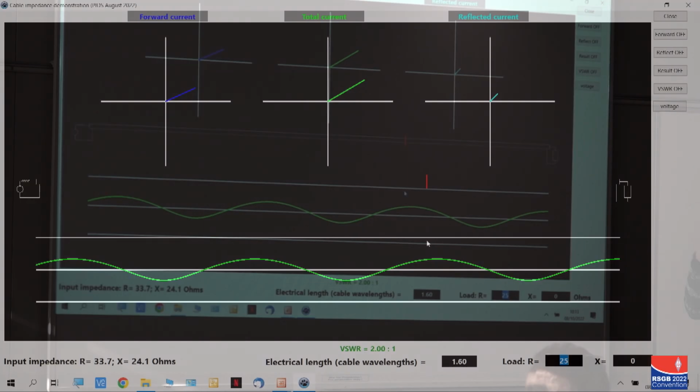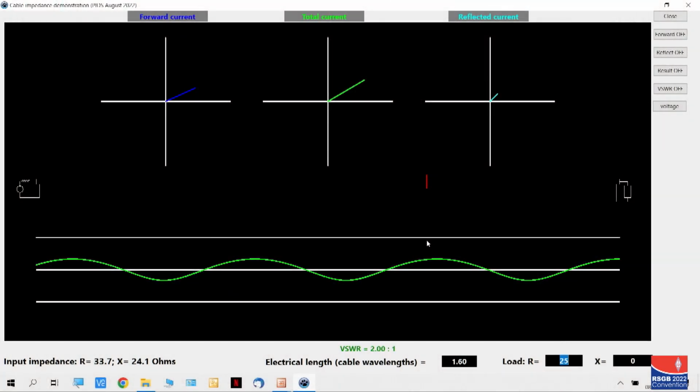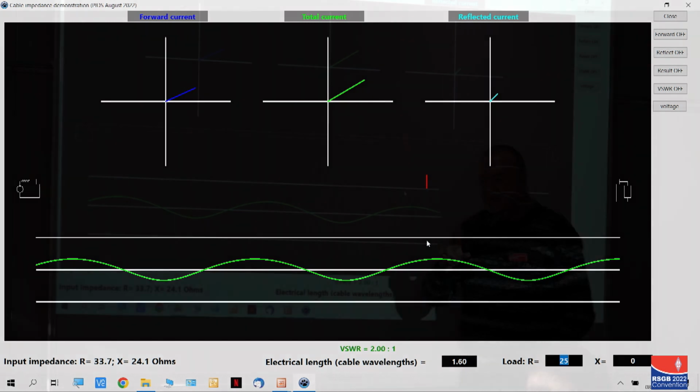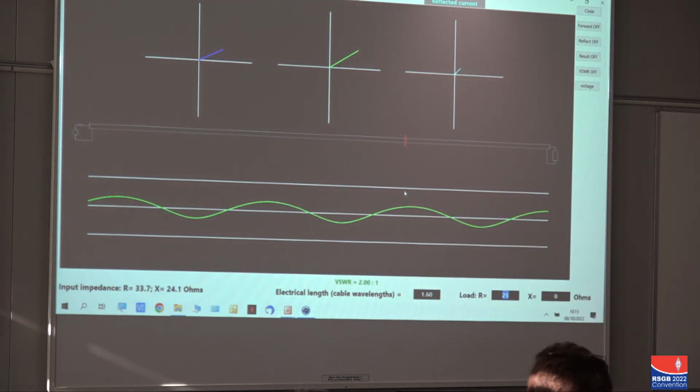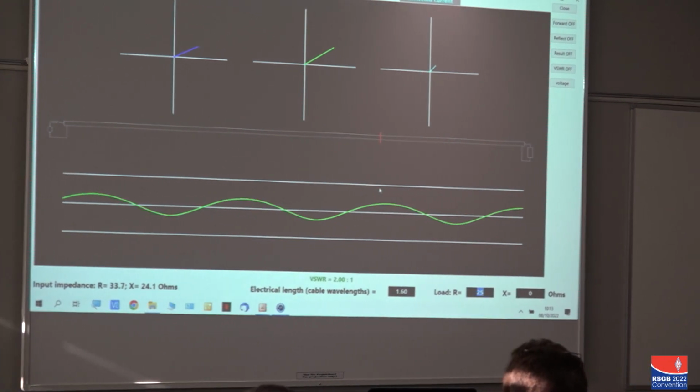So you have these two waves. You have the voltage wave and you have the current wave. And both change phase as they advance and are reflected. Now what you get then at the input depends upon the way the voltage and the current have added up at that point. Because remember I said that the voltage divided by the current is the impedance.